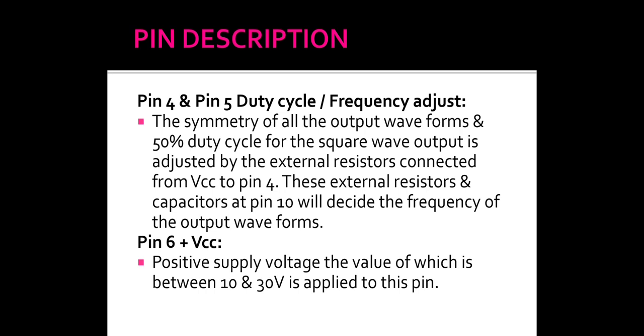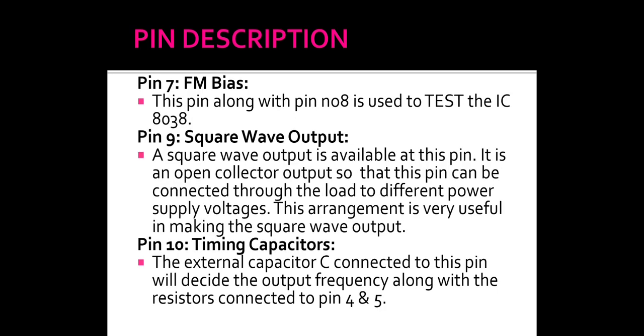Pin numbers 4 and 5 are for duty cycle or frequency adjust by connecting external resistors from VCC to pin 4 and VCC to pin 5, and the timing capacitor at pin number 10 will decide the frequency of the waveform. By that we can adjust the frequency of the waveforms. Pin number 6 is for plus VCC. The VCC value varies between 5 volt and 15 volt.